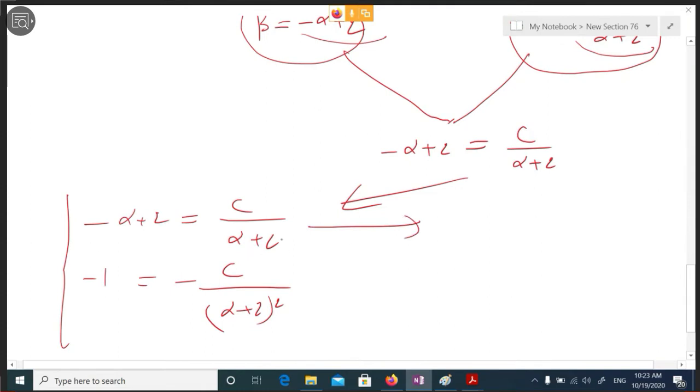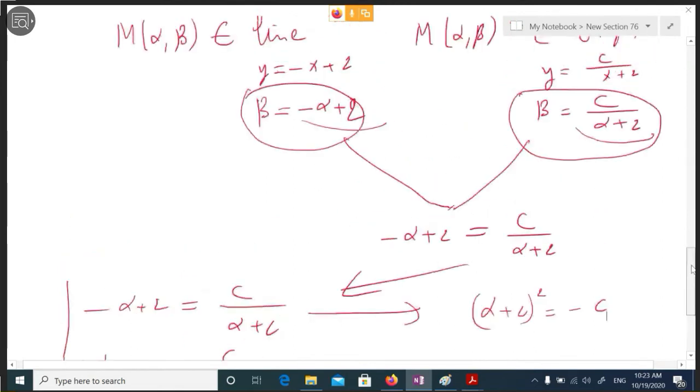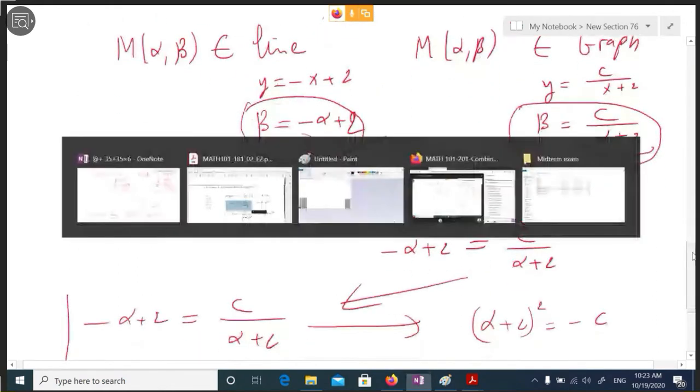Now eliminate the denominator, or cross multiply, and you will have (alpha plus 2) squared is equal to minus C. Is that correct? This is what I have here.